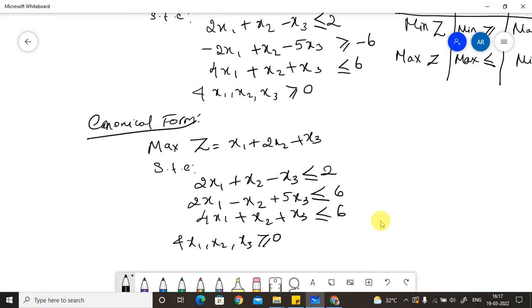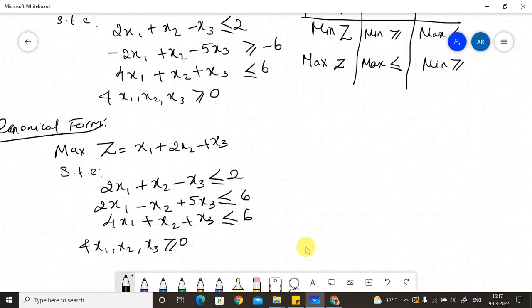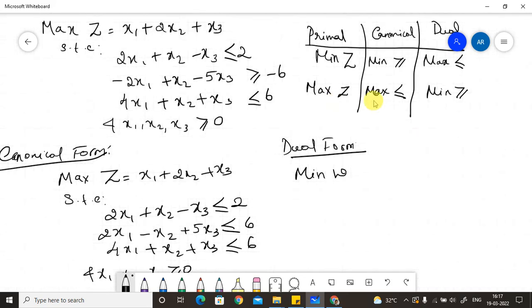Now the same canonical form we will write in duality theory. What is the dual form of this? The dual form will be minimization, so in place of z I will write w. You can see in the above table that for maximization, I made every constraint less than or equal to.